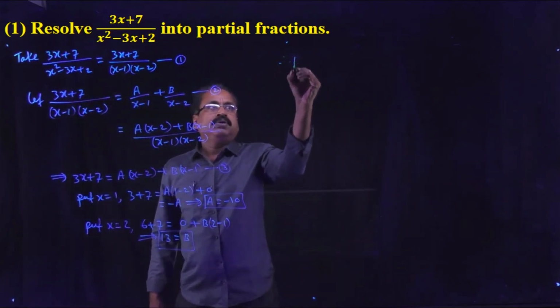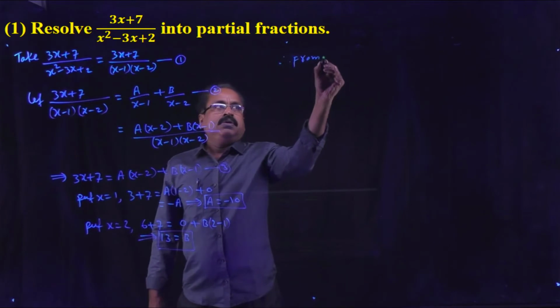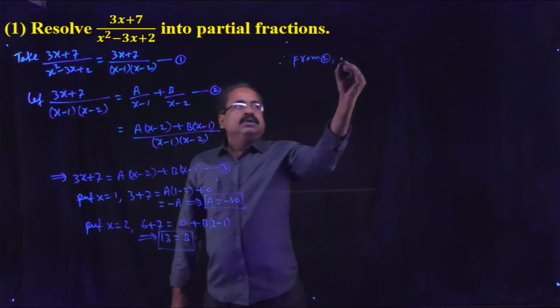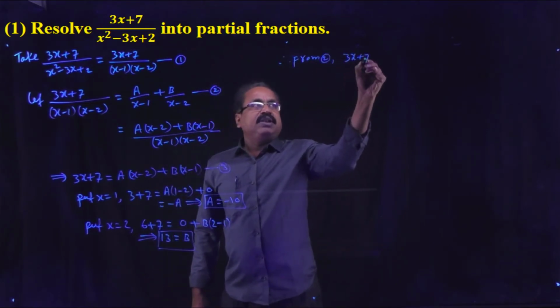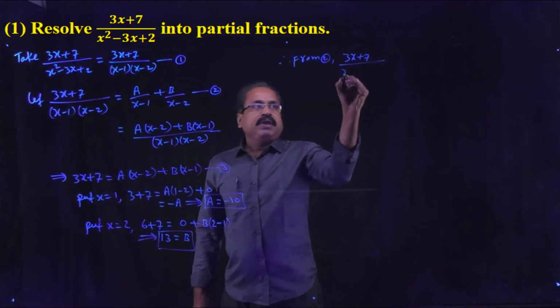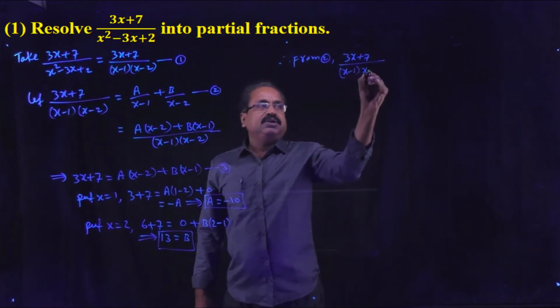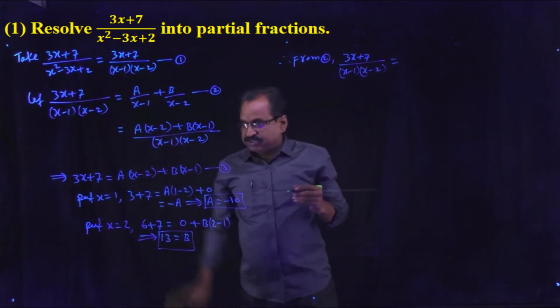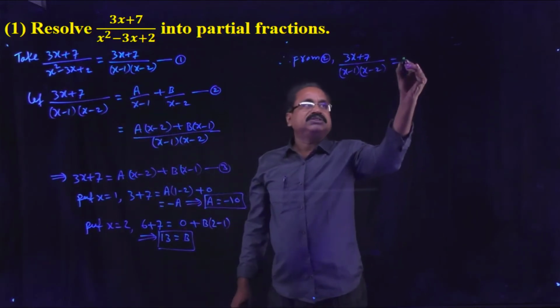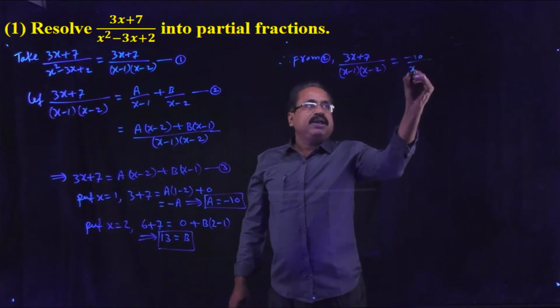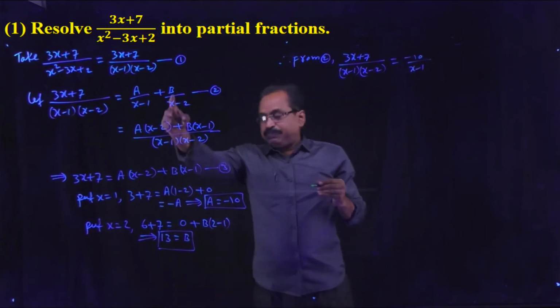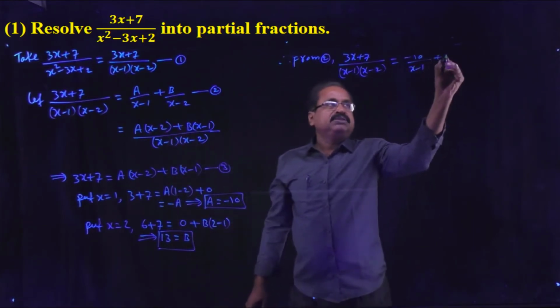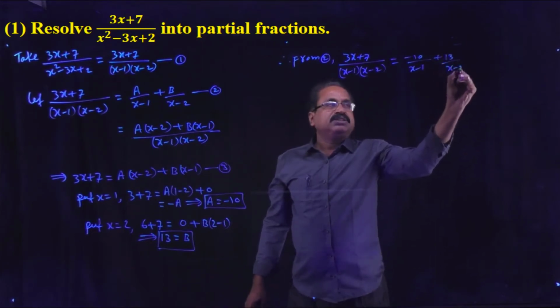Therefore, from 2, (3x plus 7) by (x minus 1) into (x minus 2) is equal to a by (x minus 1), a is equal to minus 10, so minus 10 by (x minus 1) plus b by (x minus 2), that is plus 13 by (x minus 2).